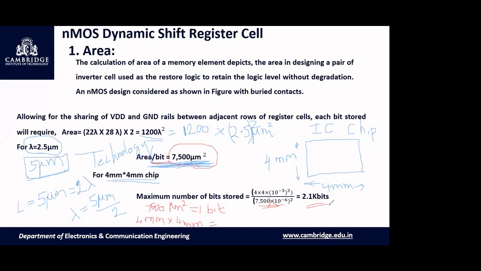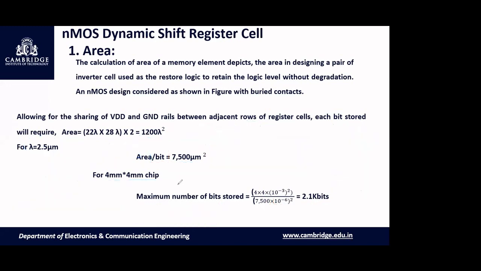So here, what we are trying to do is find how much area would be required to store 1 bit of information and how many bits can be stored in a given area. That's it. So like this, we'll do the analysis. This is about area for the NMOS dynamic shift register. So we got to know we can store 2.1 kilobits of information in a 4 mm by 4 mm chip area.